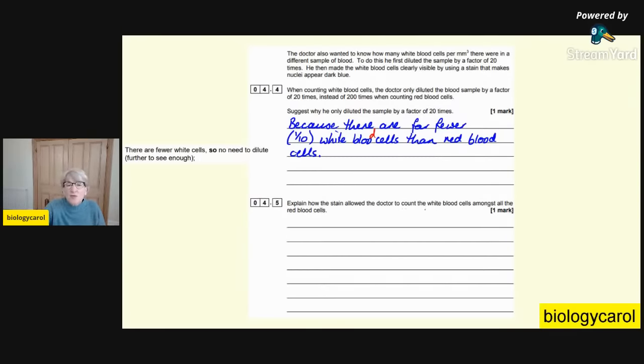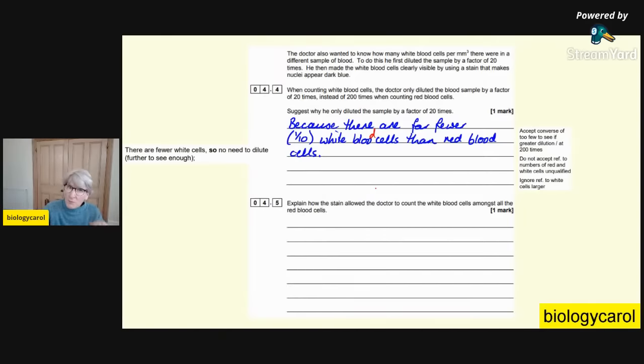Explain how the stain allowed the doctor to count the white blood cells. Well, that's because the stain stained the nuclei. White blood cells have a nucleus, red blood cells don't. And also, I'm thinking, well, red blood cells are red.